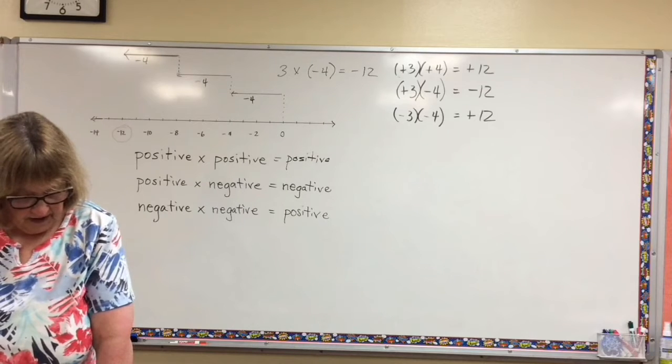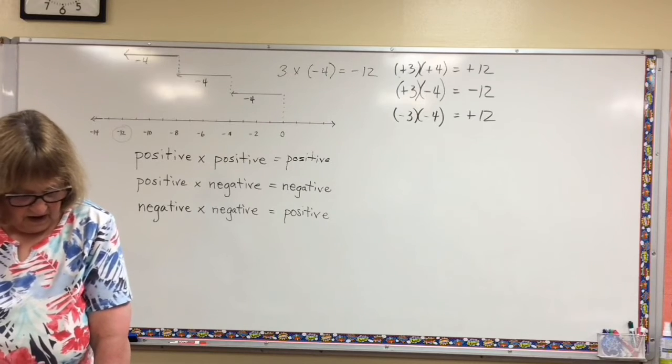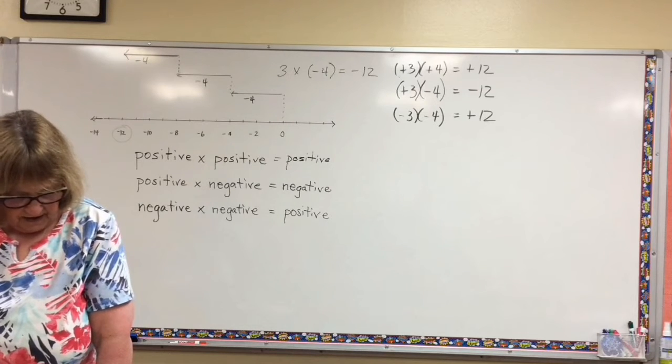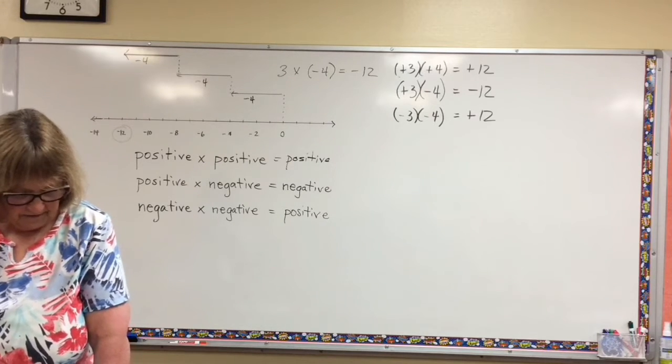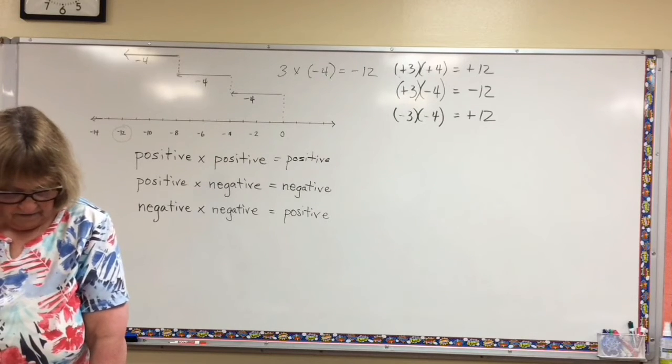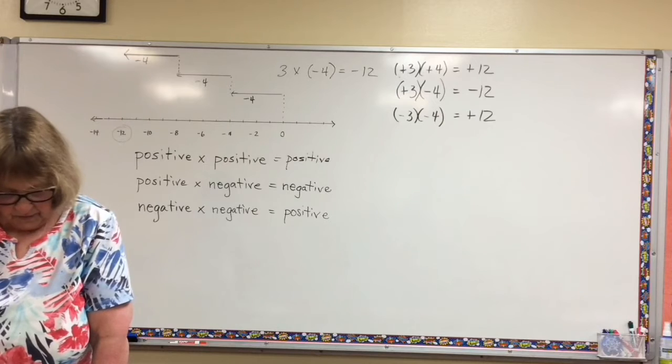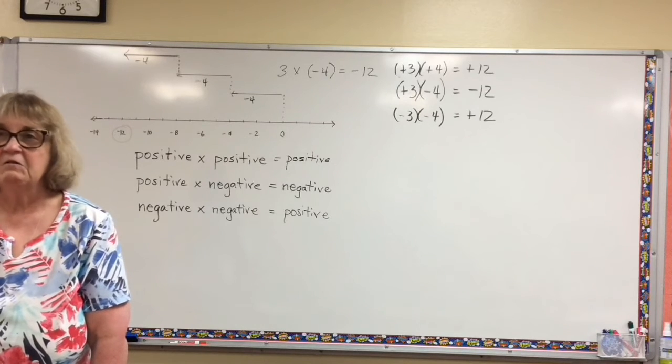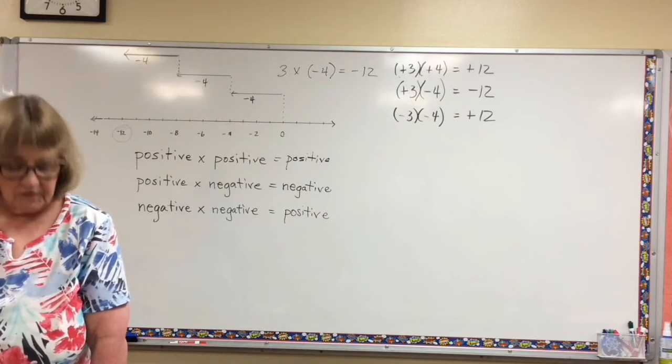It says, recall that we can arrange the numbers of a multiplication fact to make two division facts. So we have a positive 3 times a positive 4 equals 12, and then we have 12 divided by positive 3 is positive 4, and 12 divided by positive 4 is positive 3. Again, nothing new. You've been doing that since 3rd or 4th grade.